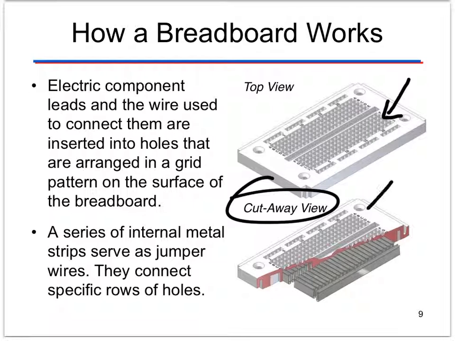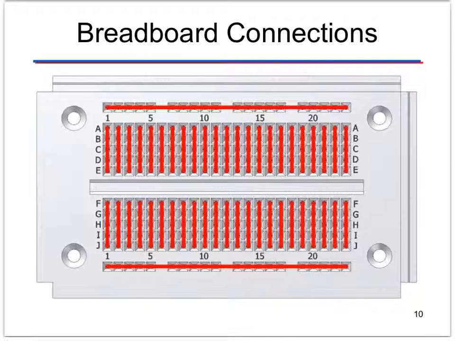So a row of holes is all connected together. It's kind of hard to see, but that row right there is connected together. You can see on the cutaway here that those are connected together. As they move left and right, they are not connected together. That's a little hard to understand right now, but you'll get it. So here's a better view of it. Okay?